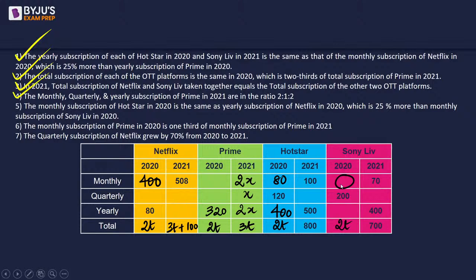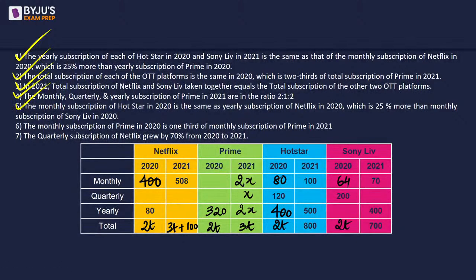So 80 is 25% more. 25% अगर more है तो वो कितना होना चाहिए? 64. 64 का 25% more is 80. So this should be 64. 64 plus उसका 25%, 16, 64 plus 16 is 80. Okay, so we are done with the fifth bullet point.